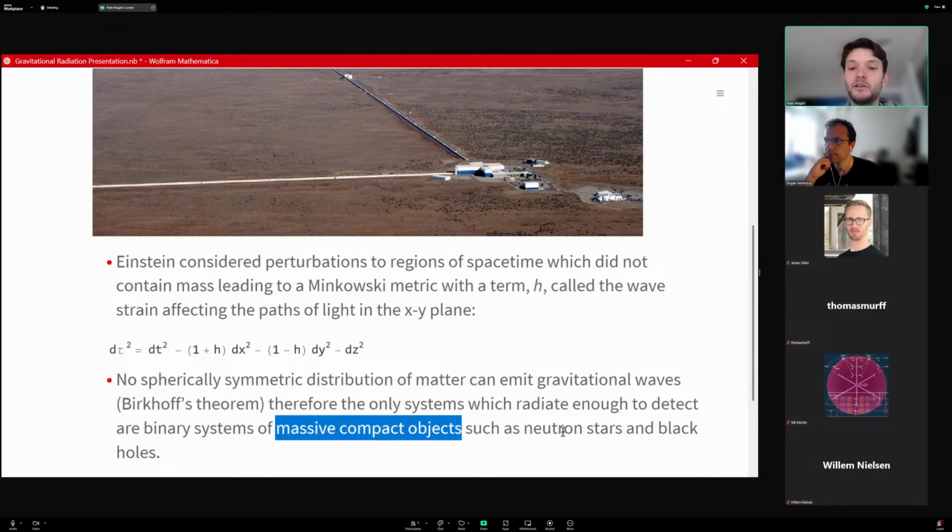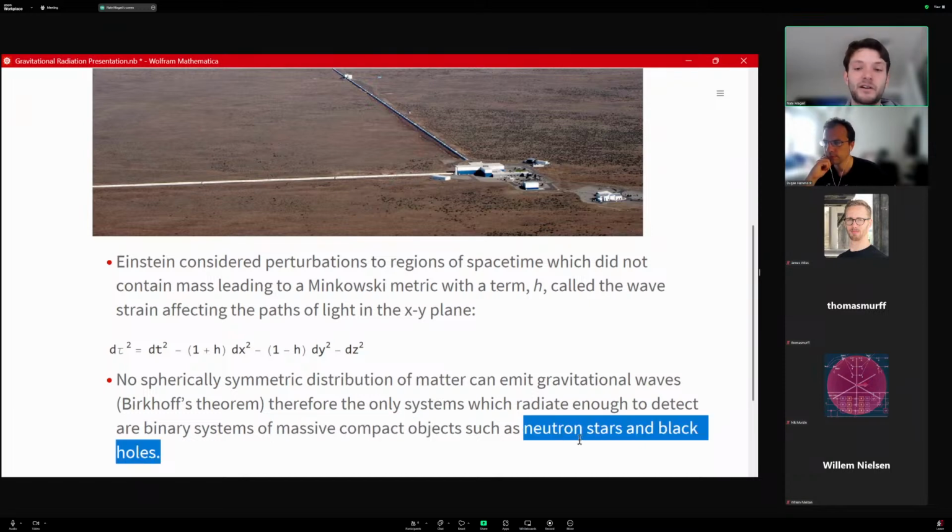Neutron stars and black holes are the perfect examples of those. These binary neutron stars and black holes are the only kinds of systems we've been able to detect with gravitational waves so far.